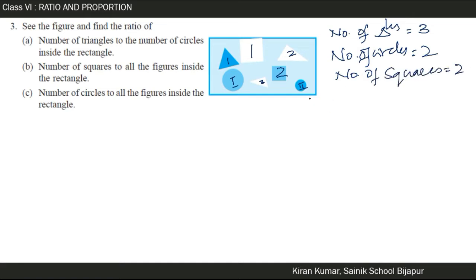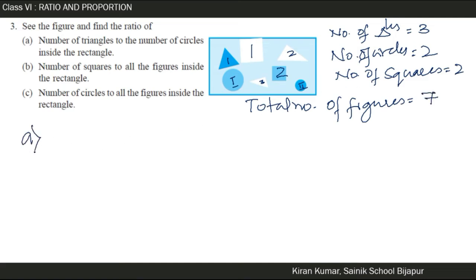So what is the total number of figures? The total number of figures will be the sum of these 3: 3 plus 2 plus 2, which is 7.